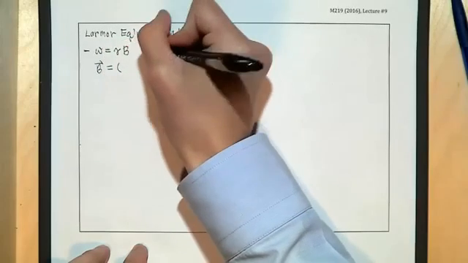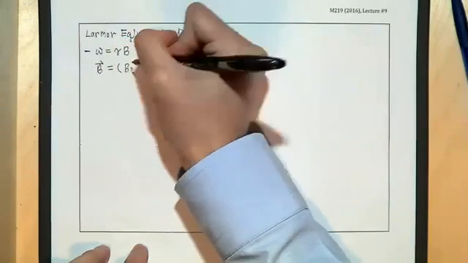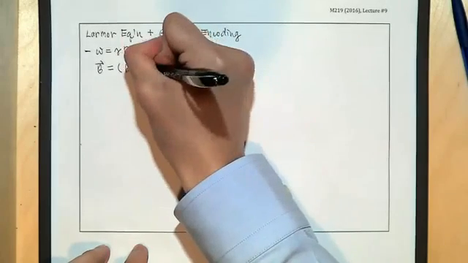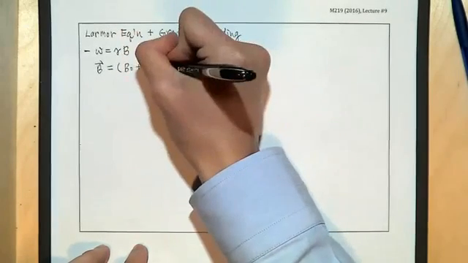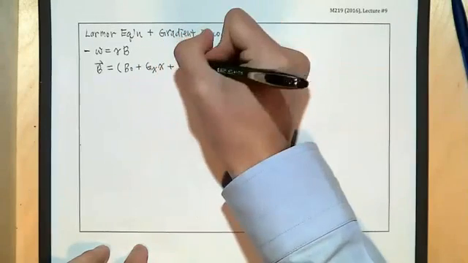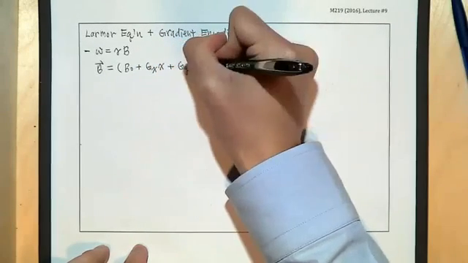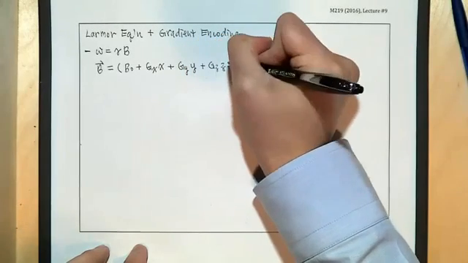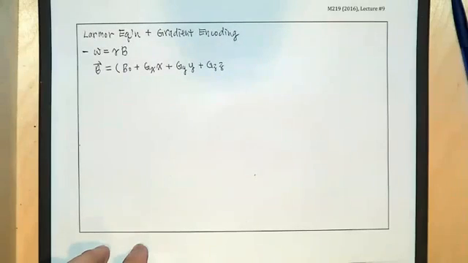And we all know that the main field has to be present. That's B0. And then, let me add on the gradients. So typically, we have gradients in all 3 directions. And here, I'm just looking at linear gradient fields. So this we've learned already.